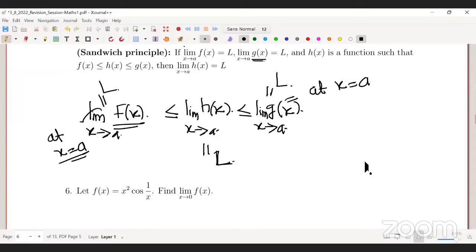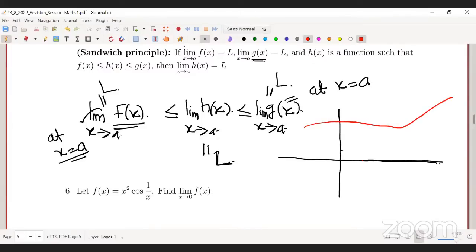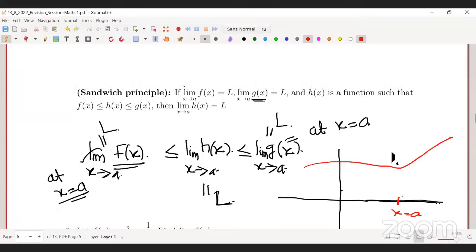Let me try to draw it. Something like that. This is x equal to a, this function is my f of x, this is g of x, and this one is my h of x.